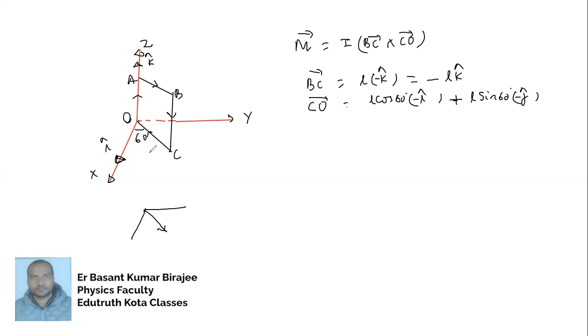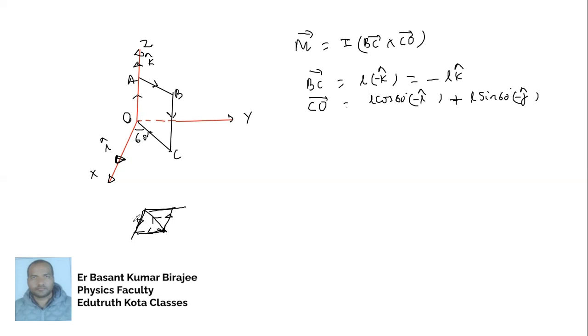Had the arrow been like this, if we would take the OC vector, then both the x and y components would have been positive. But since we are taking the CO vector, its direction is like this, so its y component and x component are both negative.